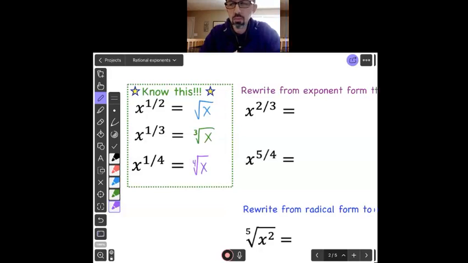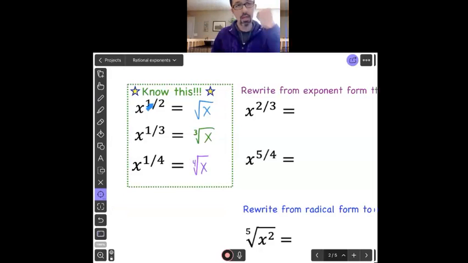That is what they mean. I also want you guys to hear me say that over and over again. X to the 1/2 power is the square root of x. X to the 1/3 power is the cube root of x, or the 3rd root of x.